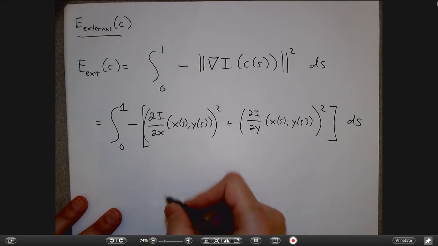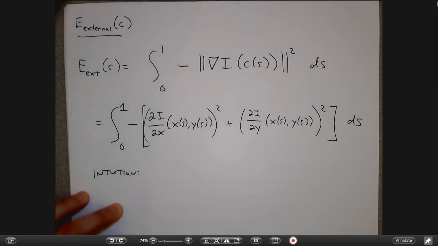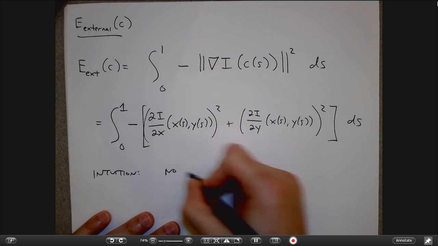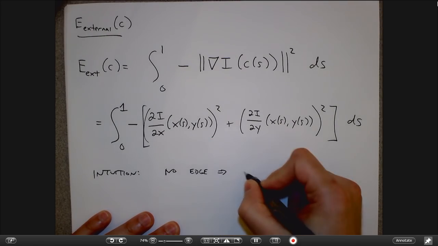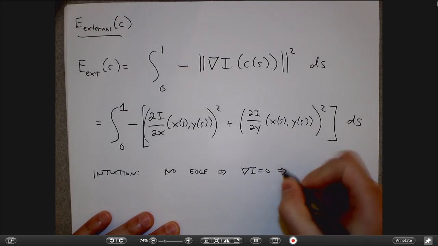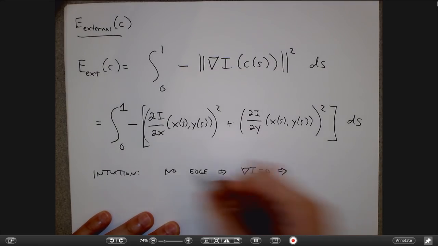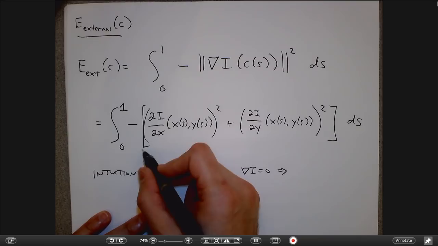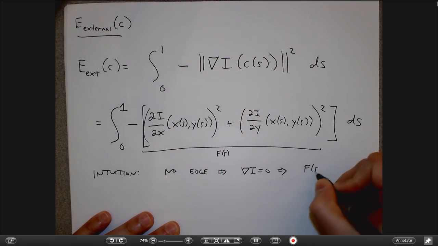So the intuition here is that I want this energy to be really low when I've got edges, right? So let's suppose that there's no edge at a given point. That means that the gradient is 0. We know that from before. And that means that at that point, this number inside, let's call this f of s, this number will be 0, right?